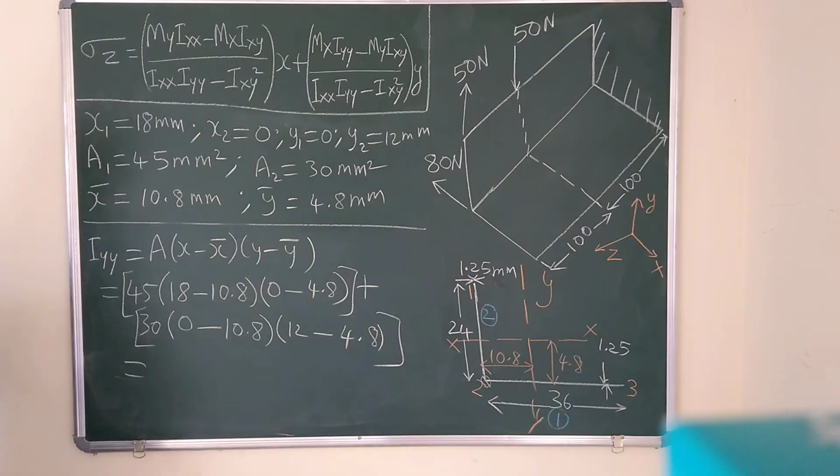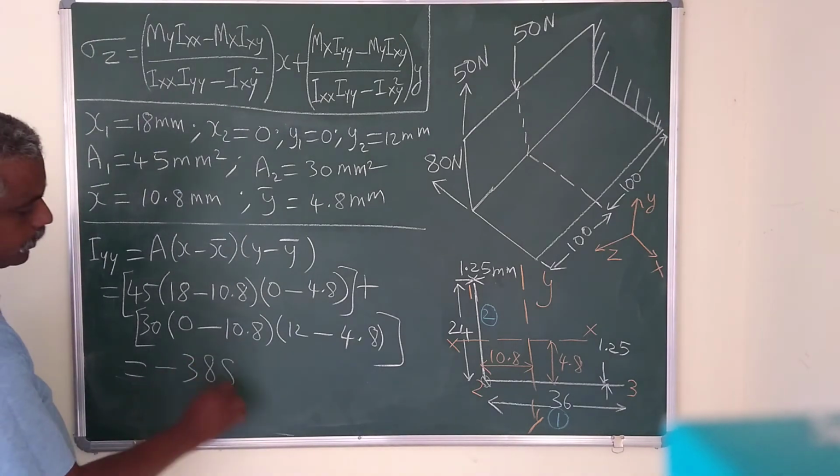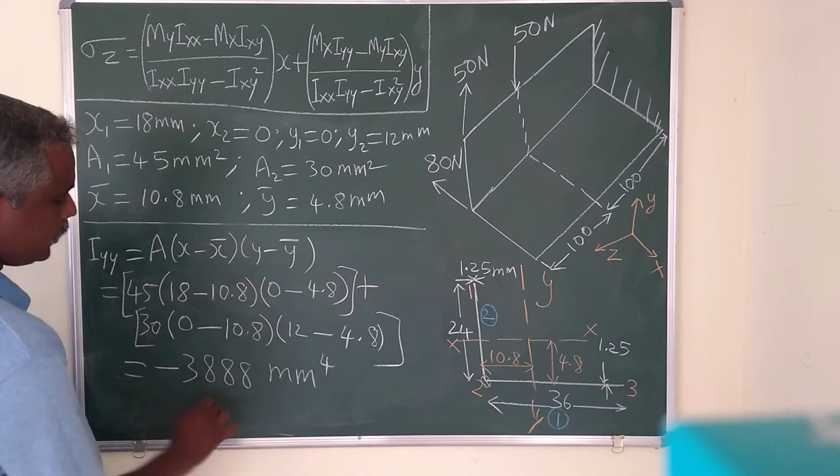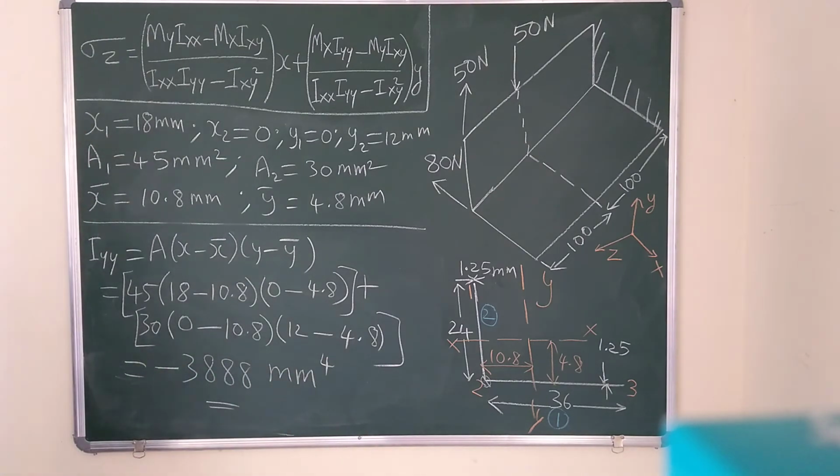So when you calculate, I am getting minus 3888 mm power 4. So this is the product moment of inertia value.